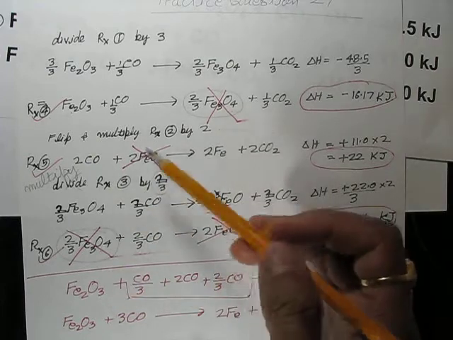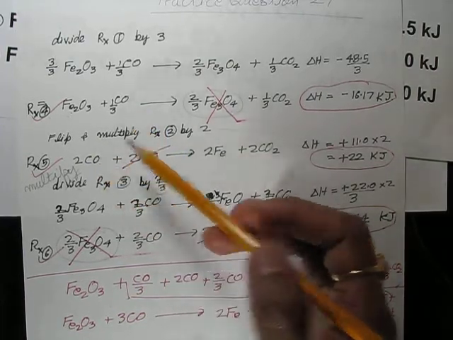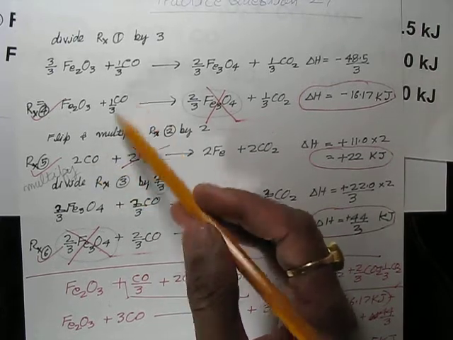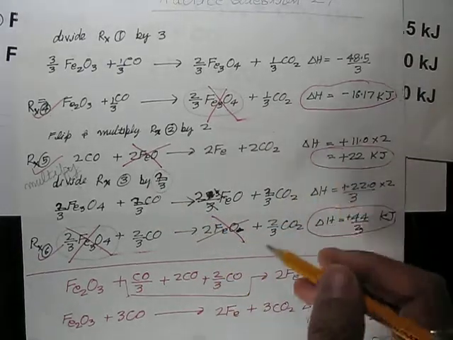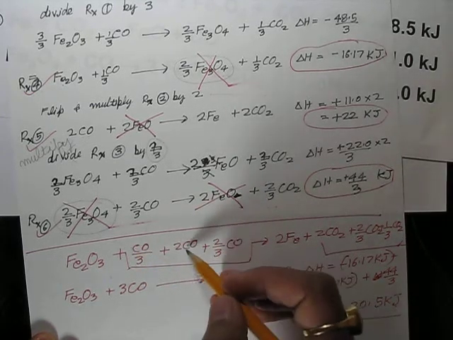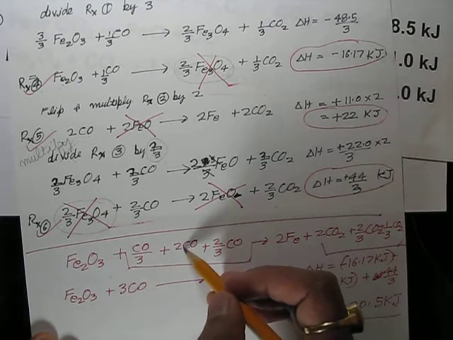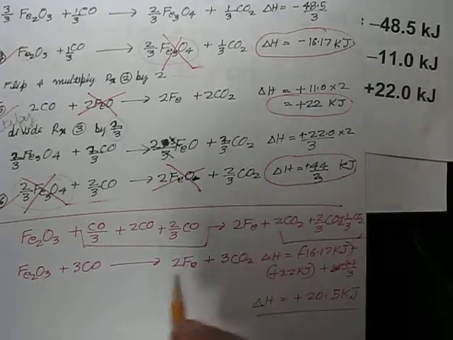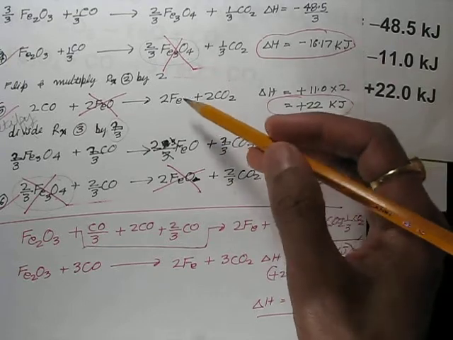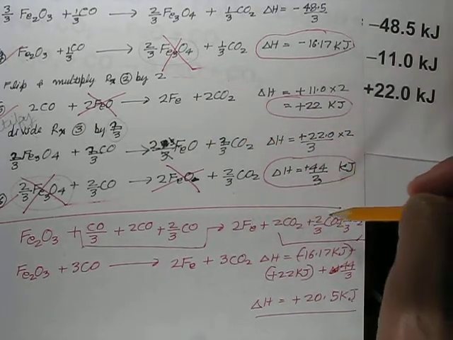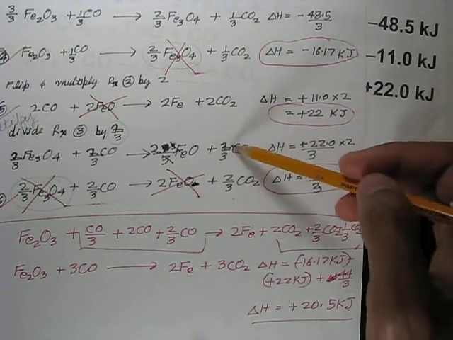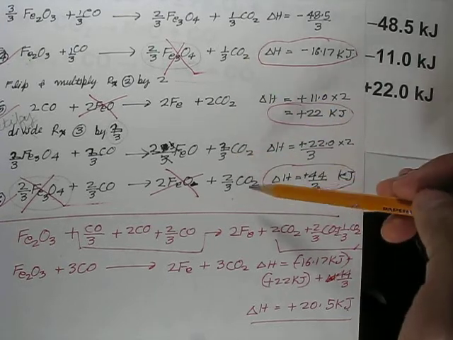So Fe2O3 and then 1 by 3 CO, 2 CO plus 2 by 3 CO. Once you add all these three, the CO will become 1 by 3 plus 2 plus 2 by 3, which is 3 CO. And then once you add the iron, it will become 2 iron, and then 2 carbon dioxide gas, with carbon dioxide gas 1 by 3rd and 2 by 3rd adding up to 3 by 3.